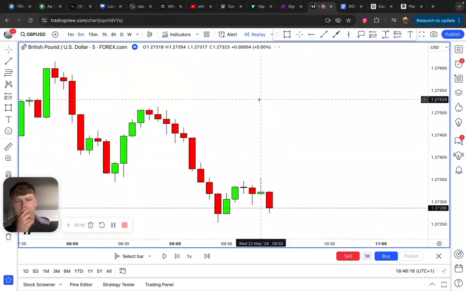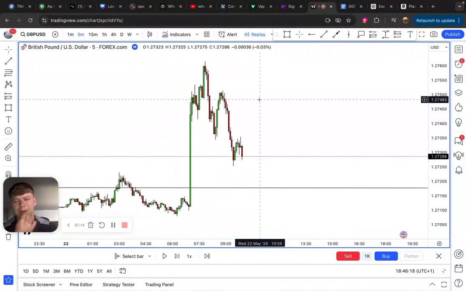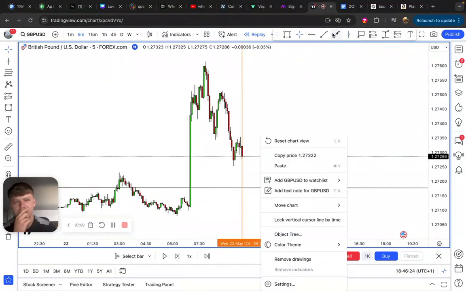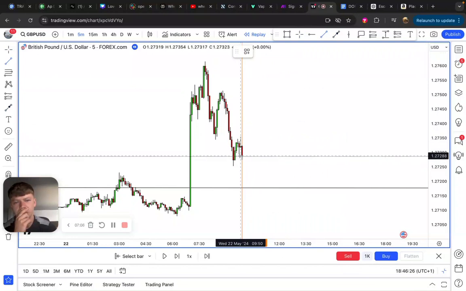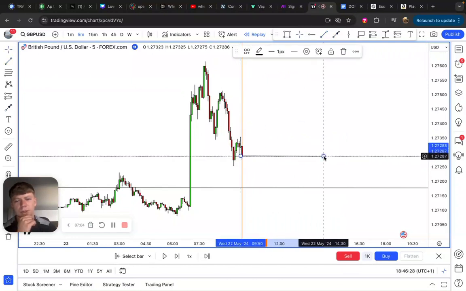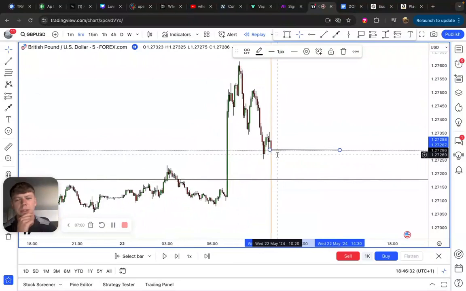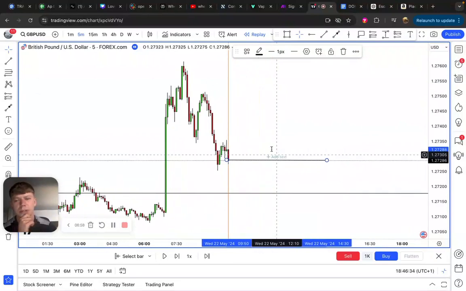Alright. 5 minute time frame. Not liking that. Really not liking that. I don't like that because the 5 minute structure here is bearish. This is that wick, that massive wick that you just saw on the 4H candle.